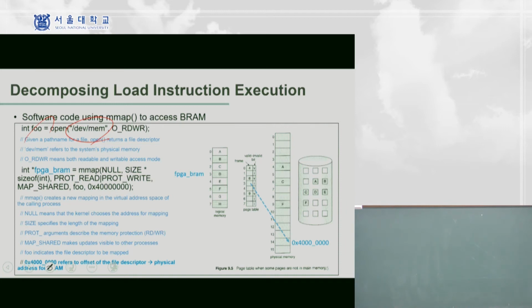Now you use this file descriptor to create a mapping between the starting address 400000 and the virtual address space in your program's virtual address space. Once you execute it, if it's successful, this FPGA VRAM points to the starting address of the VRAM in the virtual address space. That's what's happening.